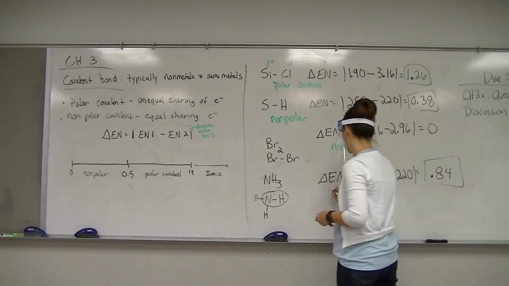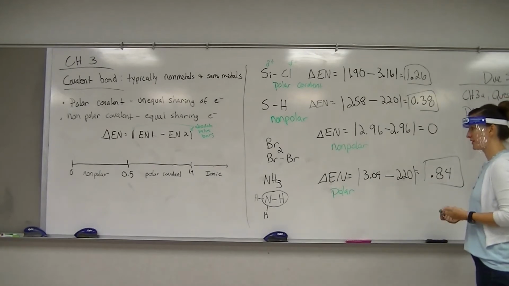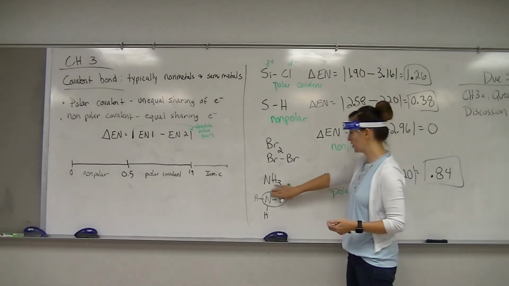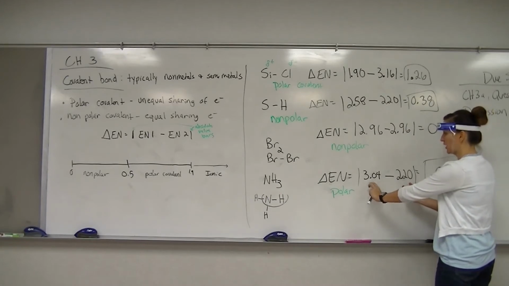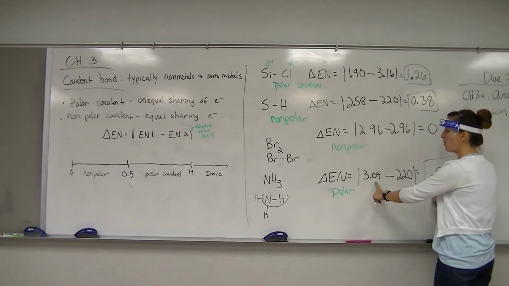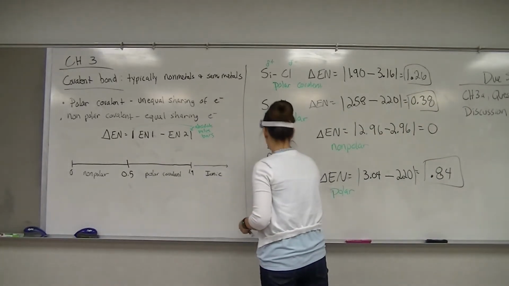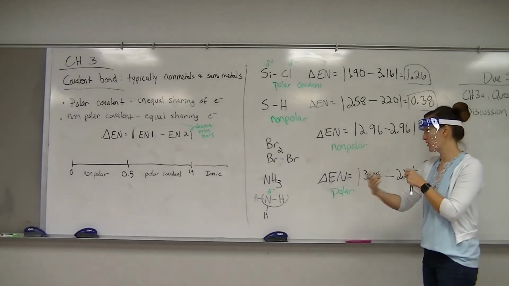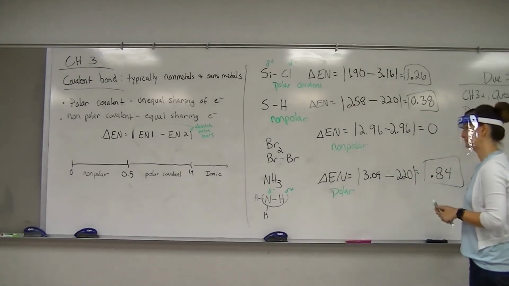So this is going to be a polar covalent bond. If it's polar, that means it has a large electronegativity difference, so we're going to see partial charges. Where are those partial charges going to be? Well, you need to look at the numbers involved. Nitrogen has a higher value than hydrogen, so nitrogen is more electronegative. Nitrogen would have the partial negative, because it wants those electrons more. And then hydrogen would be the partial positive one.